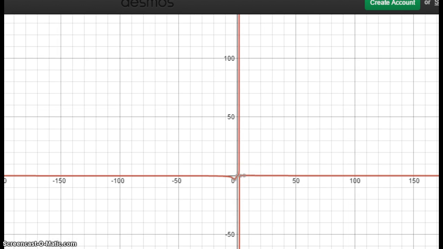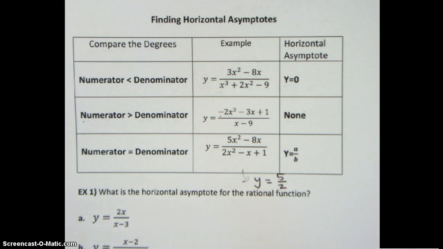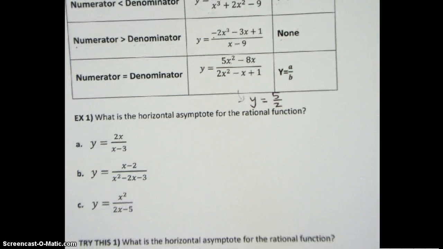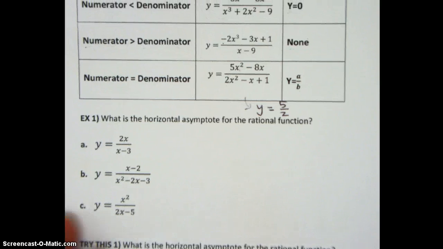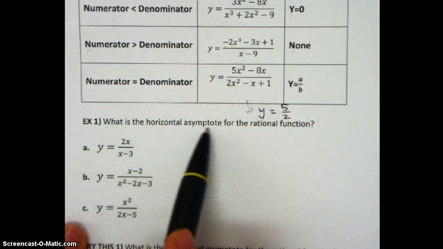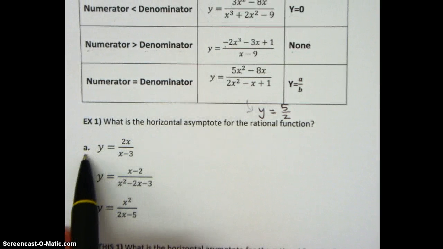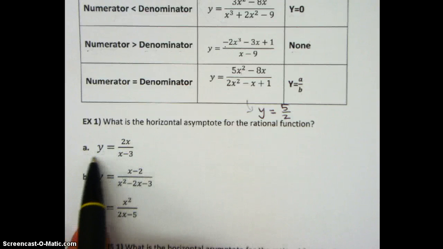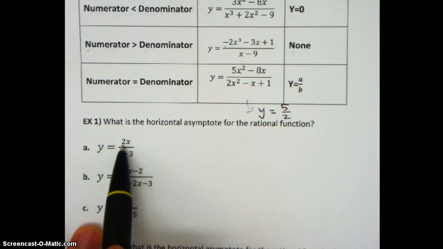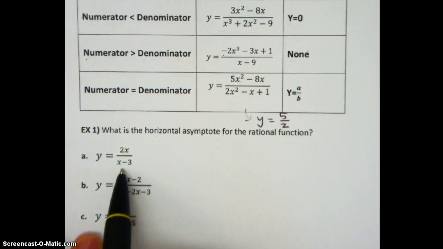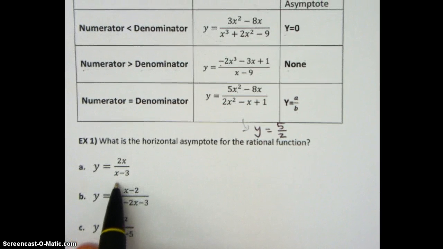Let's look at the example on our handout now. Figure out the horizontal asymptote. Let's look at this one. What is the horizontal asymptote for the rational function? You look at the function f of x equals 2x over x minus 3. Now you compare the degrees. The degree of the denominator is 1, and the degree of the numerator is 1.